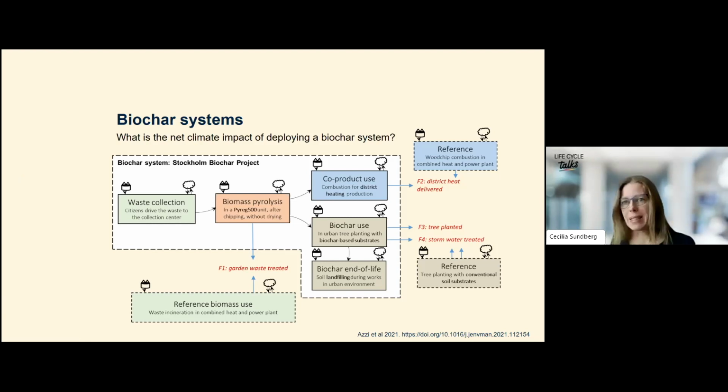There's tree planting, and in that tree planting also the rainwater from the city is managed, and we need to compare that with how that would otherwise have been done. So here we have 4 functions, and we haven't even here specified the carbon dioxide removal as a function, but that is indeed, as described earlier, a function of this kind of system.